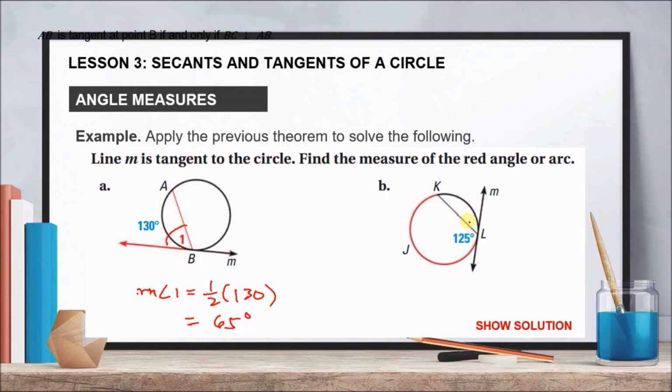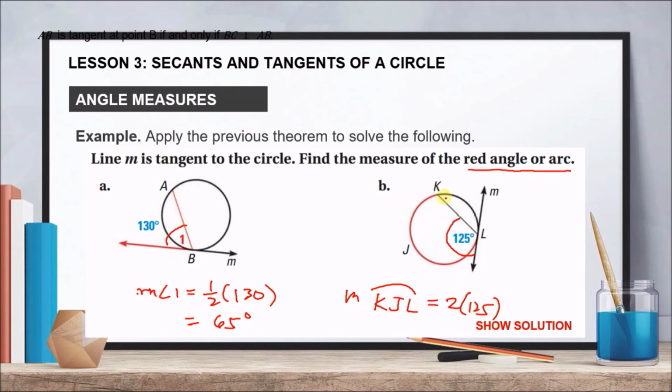From the other side here, we will be getting the red part because we will be solving the red arc here. So if this angle is 125, which is the half of a certain arc, to get the measure of arc KJL, you need to take twice of our 125 here.